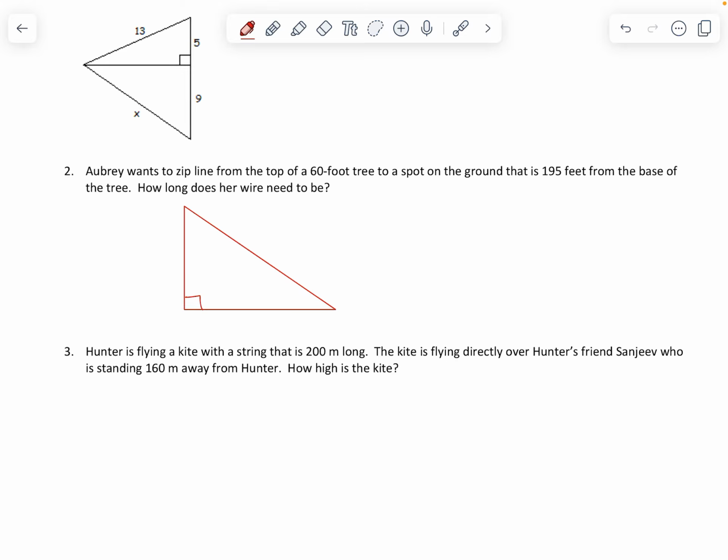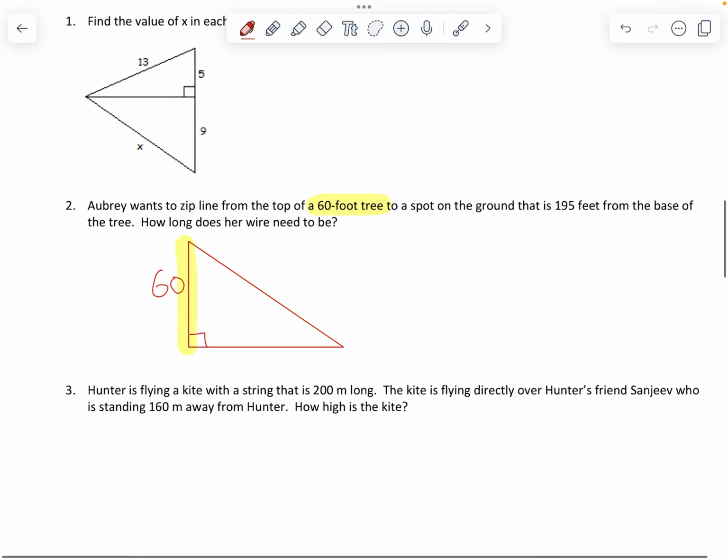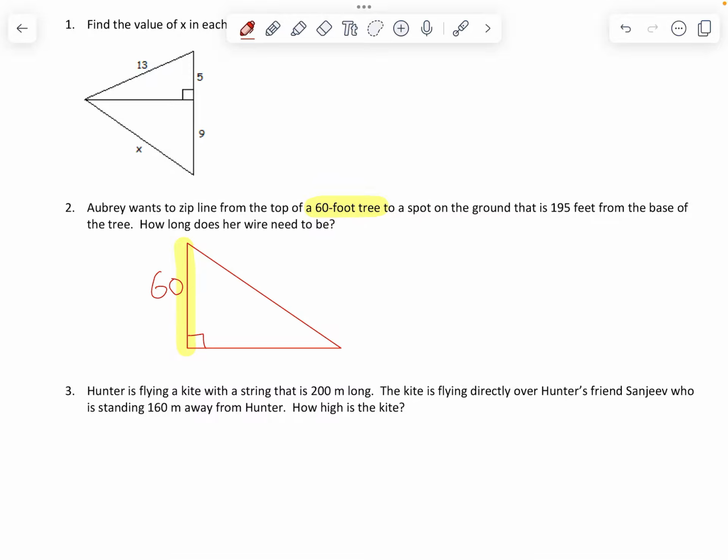So Aubrey wants to zip line from the top of a 60-foot tree, okay? So that's important. We have a 60-foot tree standing straight up. So that is going to be over here on the left. You can kind of think of this side right here as our tree, okay? She is going to a spot on the ground. I'm going to switch my colors up here.